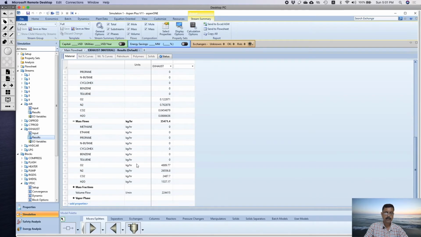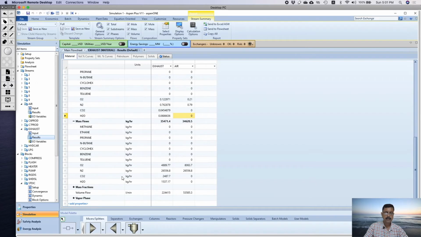You see nitrogen 26556.8 kg per hour. Okay, compare it with air, original air. What did you send? You send the same amount of nitrogen. So nitrogen remains unreacted.